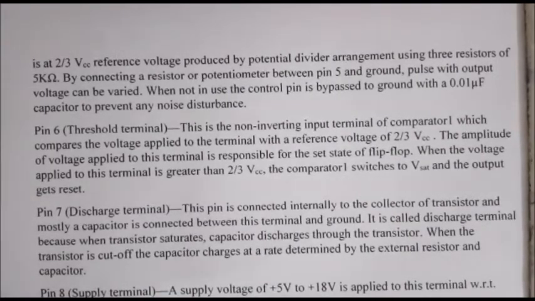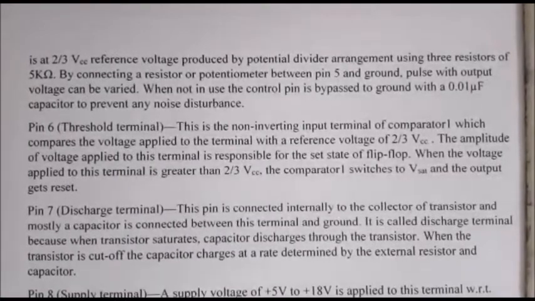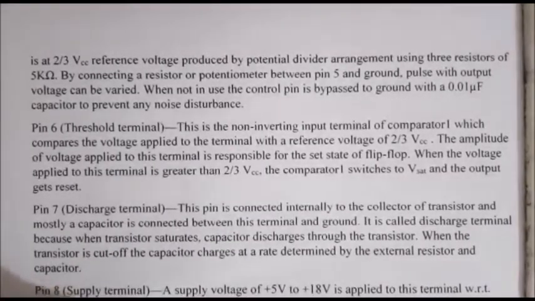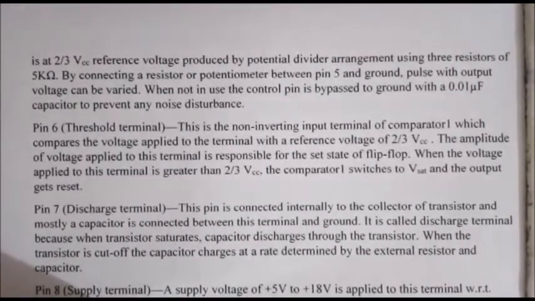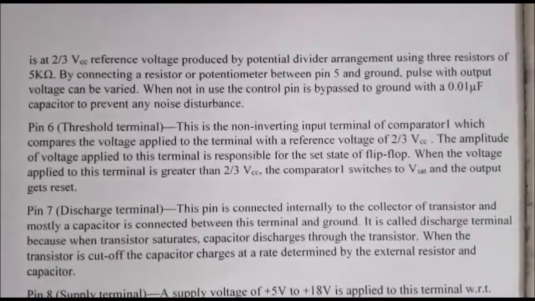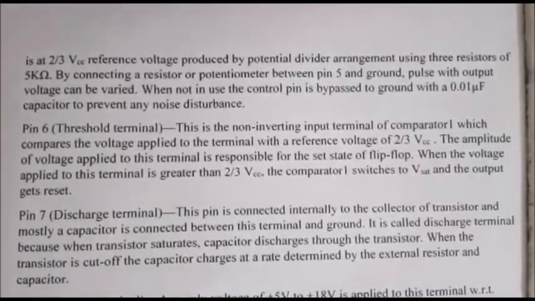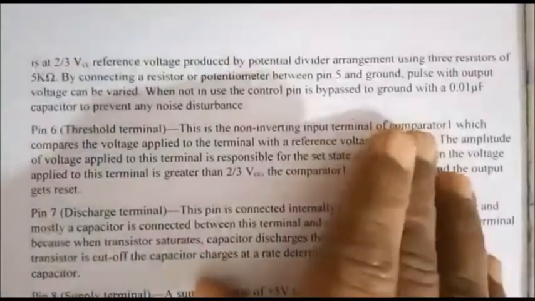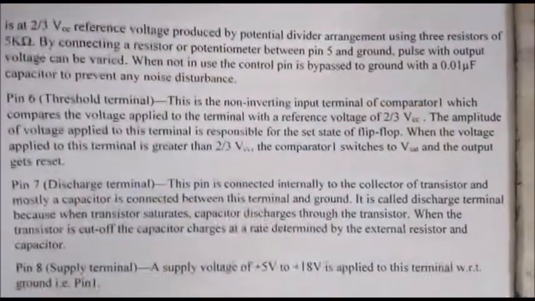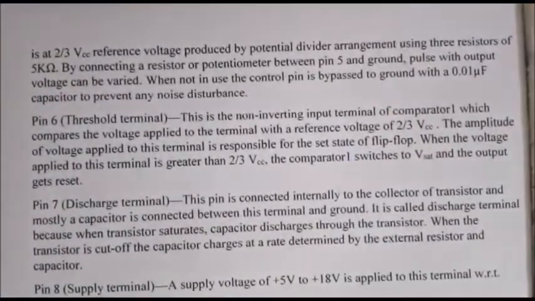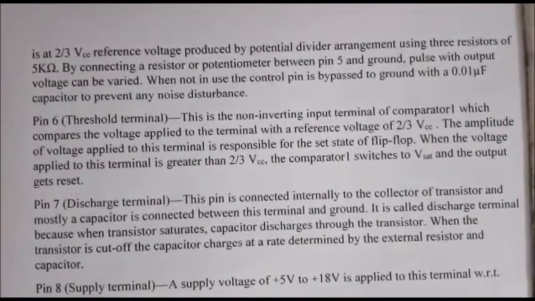If you observe, it is a potential divider or voltage divider consisting of 3 resistances. So taking the upper two gives you 2 by 3 VCC, and the lower one will give you VCC by 3.